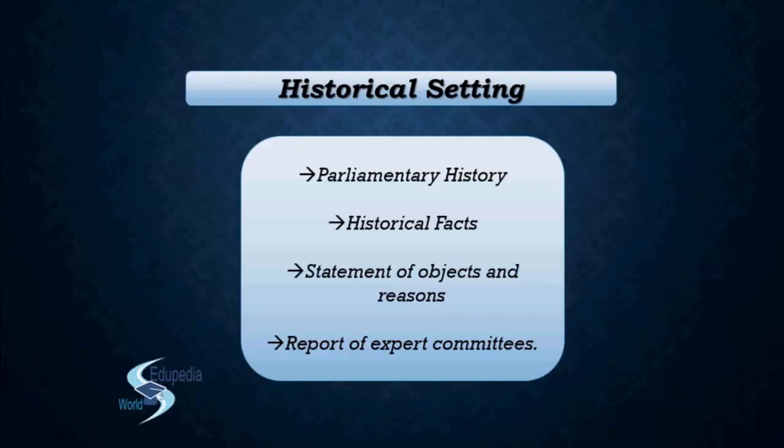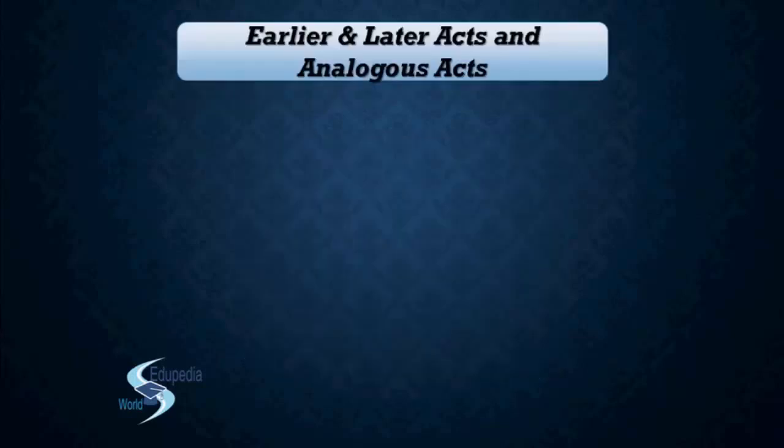So the next topic that we take up after this would be the earlier and later act and analogous act. When we talk about the earlier and later act, that means we are talking about the current act and the act that prevailed prior to this act, right?